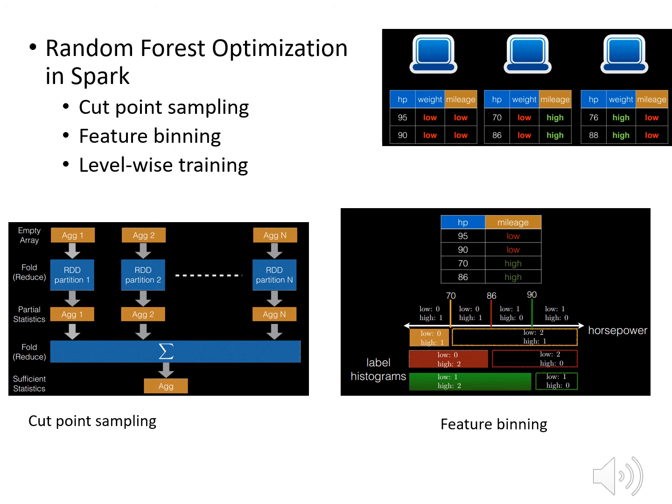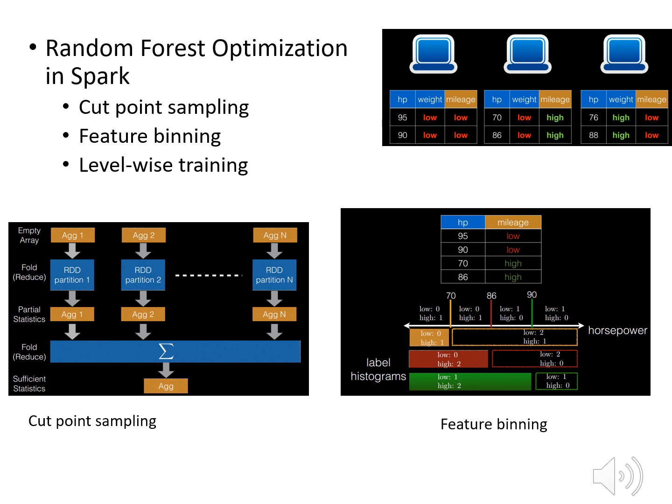In a distributed environment, sorting the data leads to a large computational complexity. To avoid this, when Spark is building the random forest, it samples in each data node, and then aggregates the statistics to get the cut point.